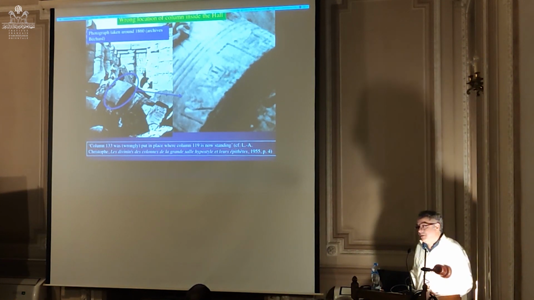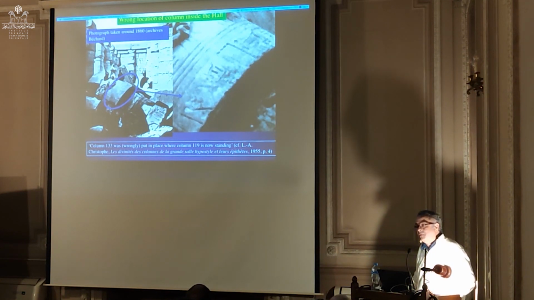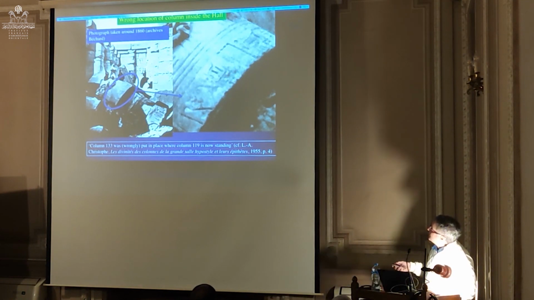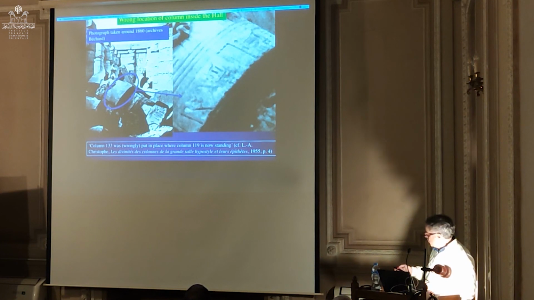Something that had already been noticed also by Louis Christophe, who did a remarkable job, almost a kind of database before its time, of systematically recording the names and epithets of all gods carved on the columns. He noticed in this 1860 picture that this column that is now standing elsewhere stood at the time right next to the north wall.